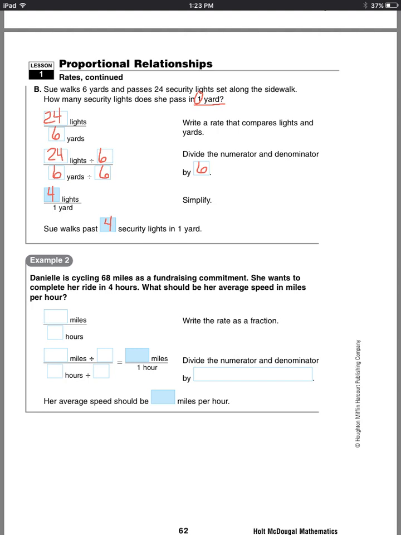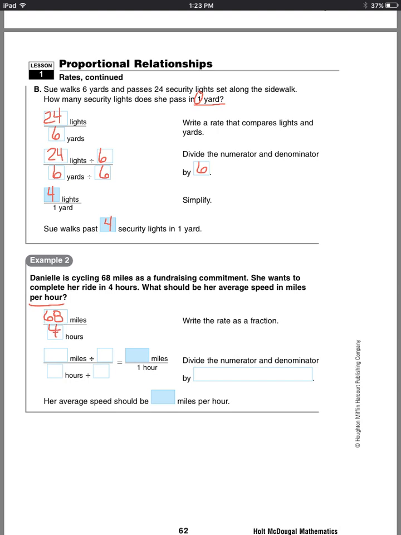Danielle is cycling 68 miles as a fundraising commitment. She wants to complete her ride in 4 hours. What should her average speed be in miles per hour? Per hour means per 1 hour. So hour is going to go on the bottom because it's what we want to equal 1. We know she has committed to riding 68 miles in 4 hours.